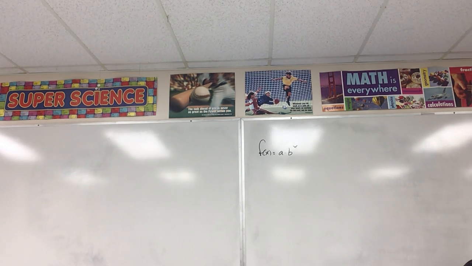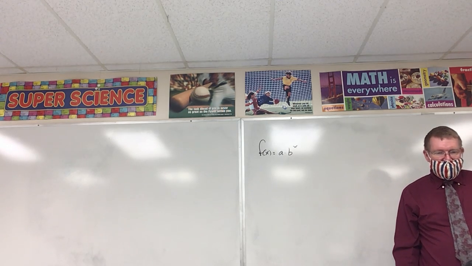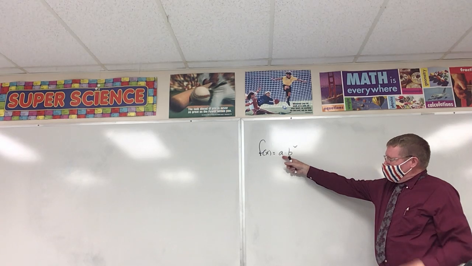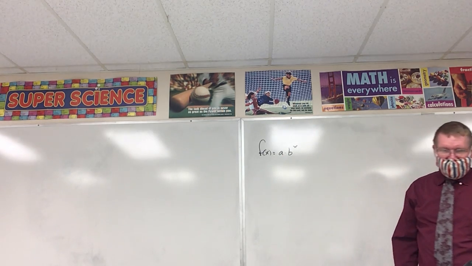All right, here we have an exponential function, f of x equals a times b to the x, where b is my base, a is my initial value, and my x is my exponent. All right, it's my exponential function.